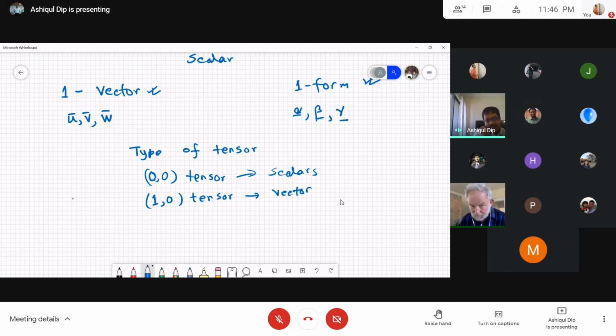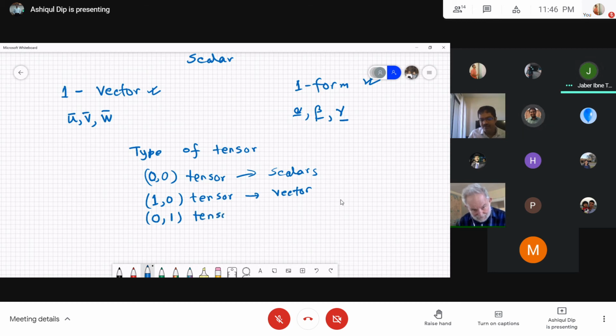These can take one form. So the first slot says how many one forms it can take, or how many vector order it has. It has one vector order, so it's just a vector. Then what is rank?